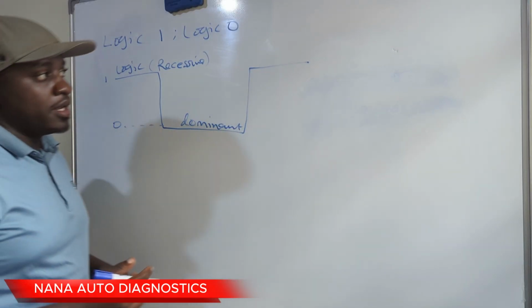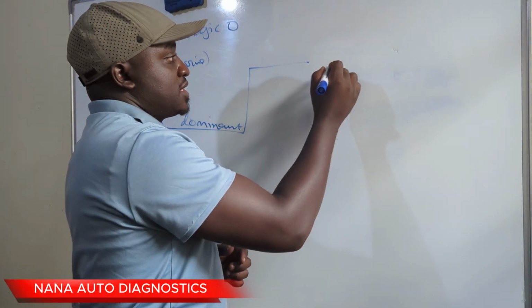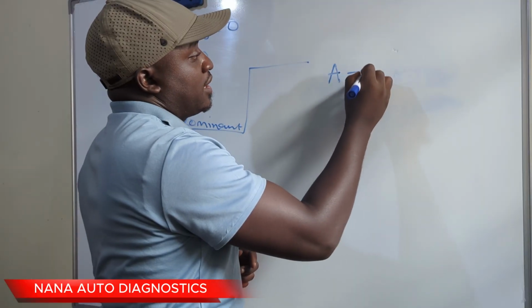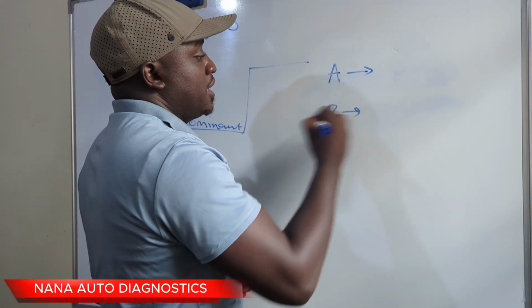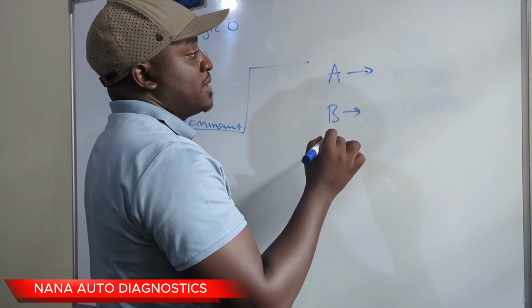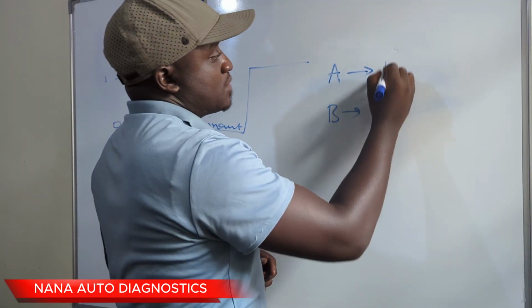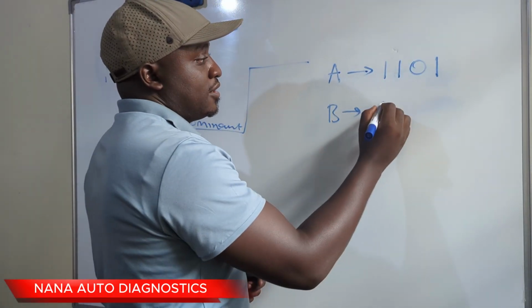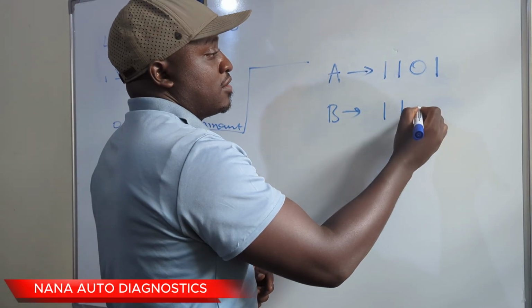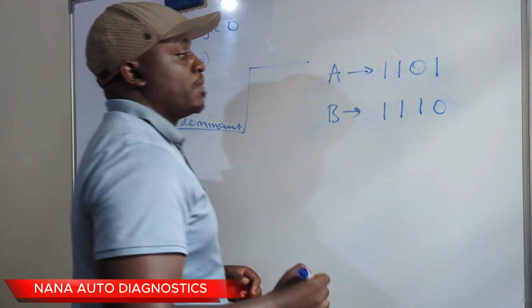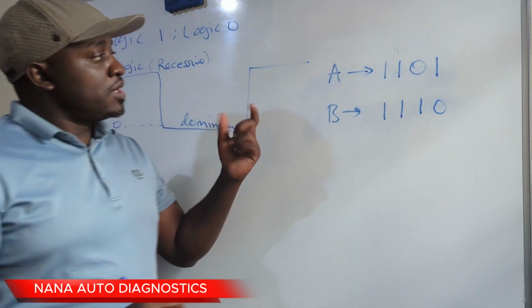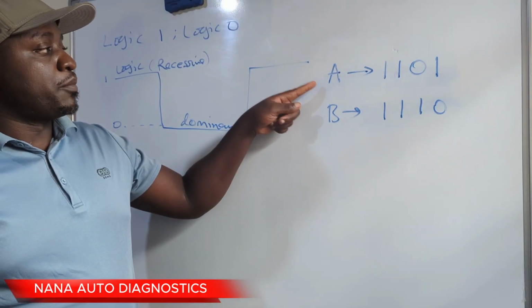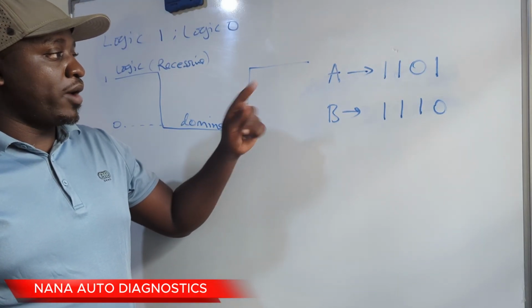What do I mean? If you have 2 nodes, node A and node B, node A transmitting 4 bits, which is 1, 1, 0, 1, and node B transmitting 1, 1, 1, 0. So node A will be given precedence over node B. Why?